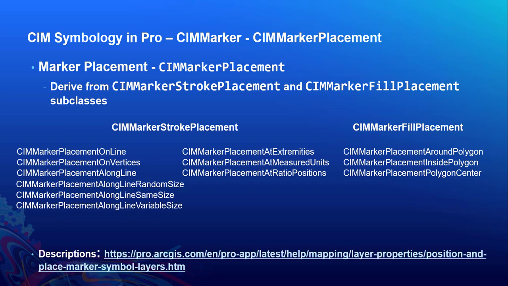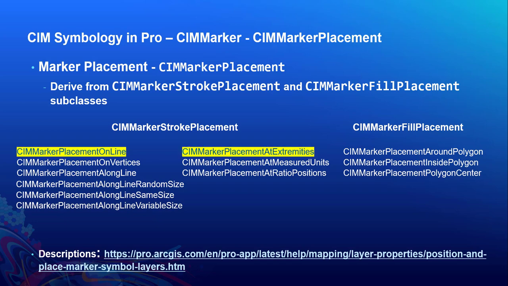And of course, sim marker stroke and sim marker fill placement both derive from the parent class sim marker placement. Specifically, we will look at marker placement online and sim marker placement at extremities. Those are two of the most useful. I do have in the code example a use of sim marker placement inside polygon to show you how to customize a stipple fill.